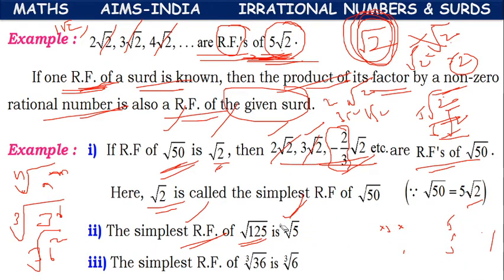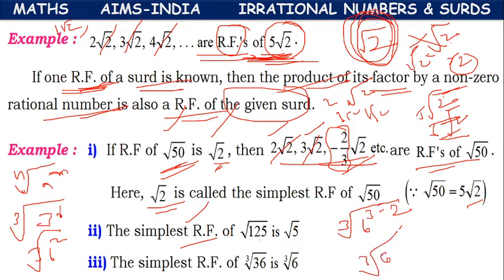So according to the formula, the rationalizing factor is the cube root of 6 power n minus m, means 3 minus 2, or cube root of 6. So cube root of 6 will be the simplest rationalizing factor.